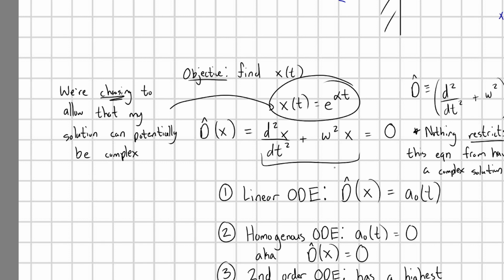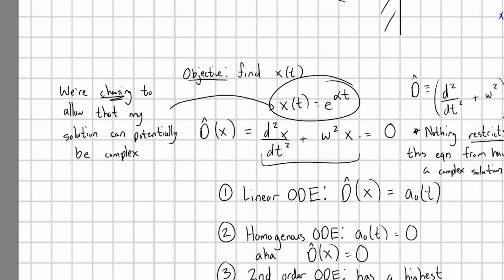You want to know what that would be? If we proposed an ansatz in the form of sine of alpha t, and an ansatz in the form of cosine of alpha t, we would end up getting the exact same thing. But this little package of e to the alpha t is universal. It's always going to work in solving these differential equations for oscillators of this form.